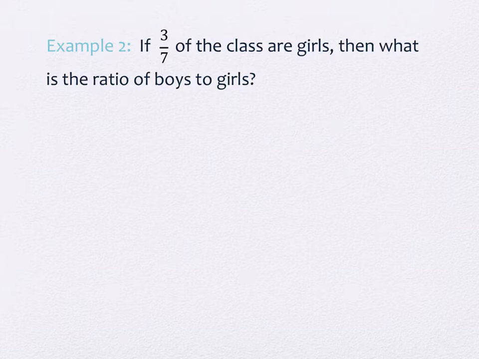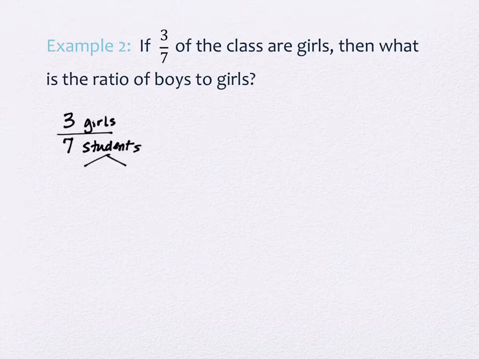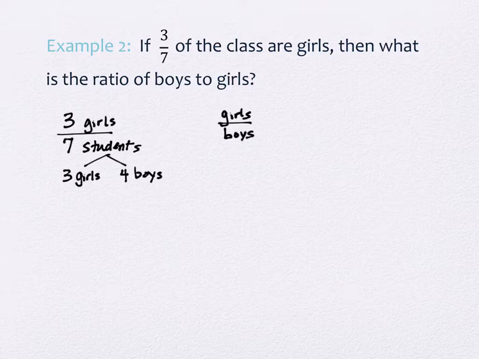So if I have 3 compared to 7 of the class are girls, this is saying that I have 3 girls to 7 students. But the students are compiled of girls and boys. And we know how many girls there are. It's 3. So how many boys would that have to mean in that 7? Yeah, it's 4. So if I'm wanting now to compare the girls specifically to the boys, right?